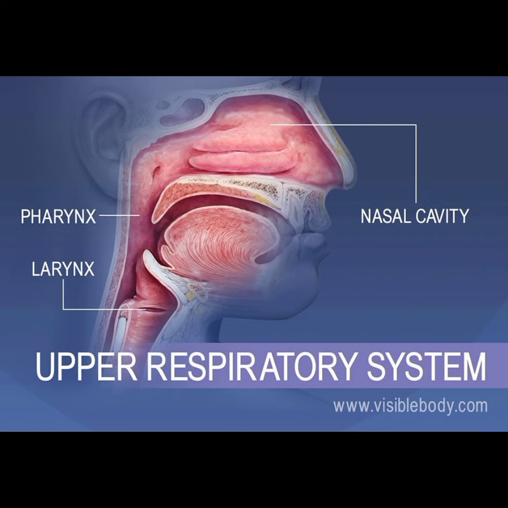Coming to the function of the conducting portion. This conducting portion cleans and humidifies the air which is inspired in, and provides conduits for air movement to and from the alveoli.